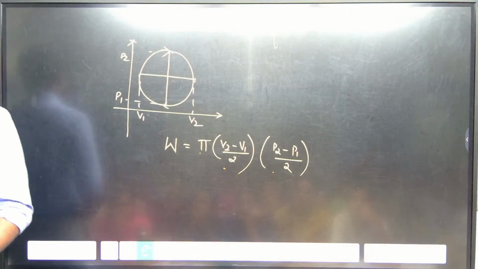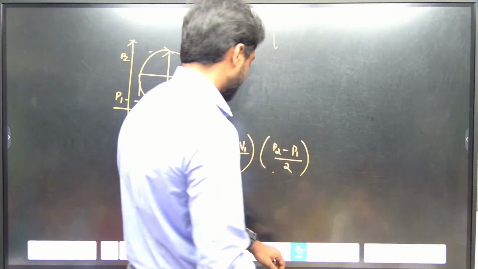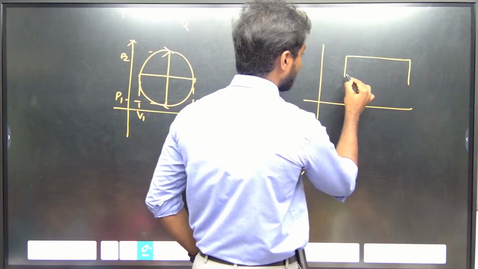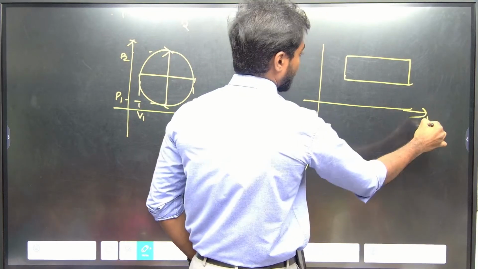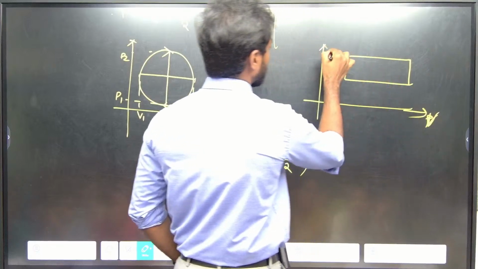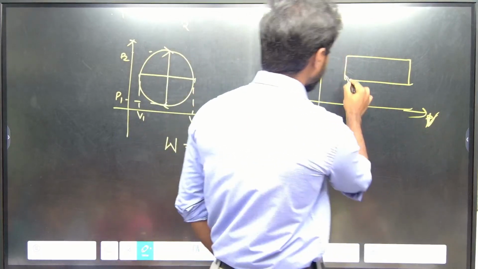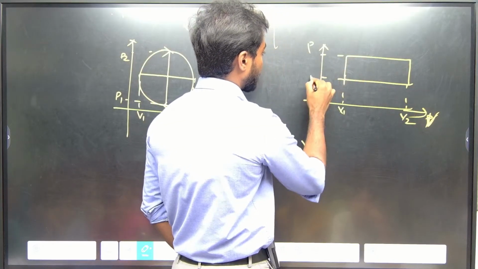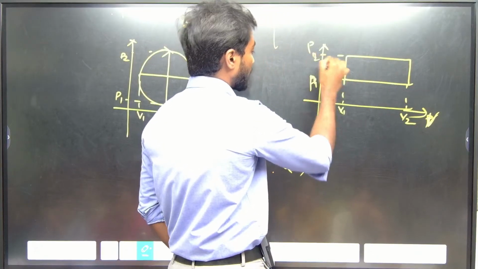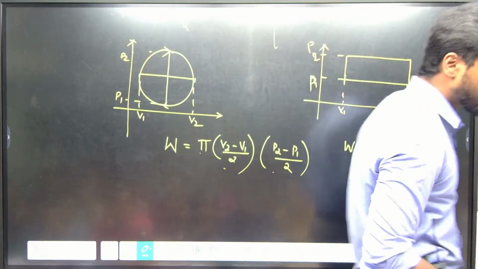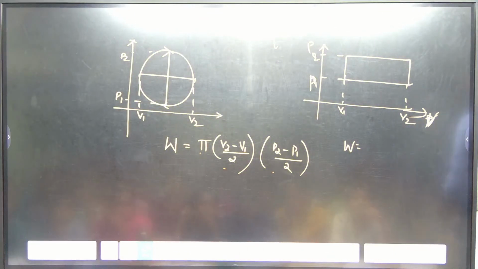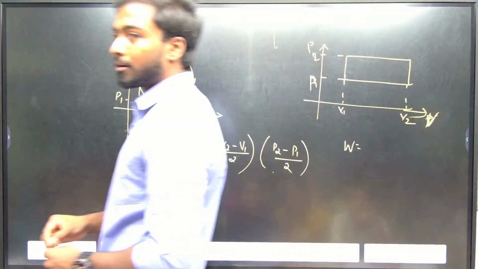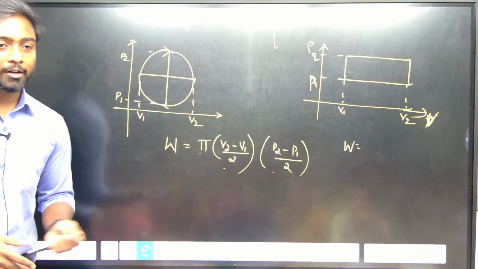Now I will give one more question. This is a rectangle. This is volume and this is pressure. This is V1, V2, P1, P2. So what will be the work done for this one? Tell. What is the area of the rectangle? L into B. So what will be the work done?